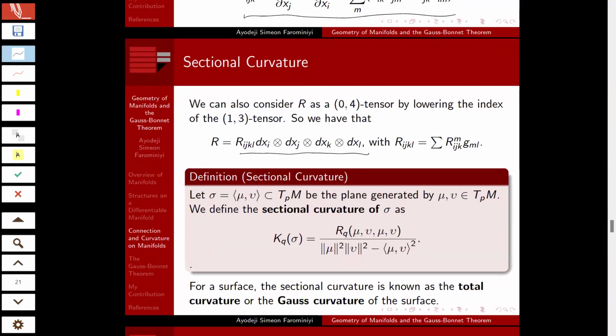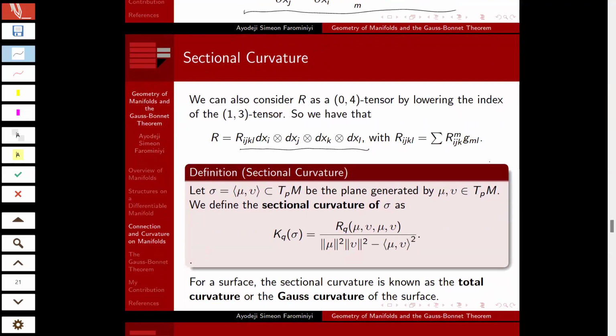Finally, we talk about the sectional curvature. If we are on any manifold of any dimension, the sectional curvature is simply the curvature of a two-dimensional plane within the Riemannian manifold. If we take any two linearly independent tangent vectors, and we take the plane spanned by these two vectors, the curvature of that two-dimensional plane is what we know as the sectional curvature.